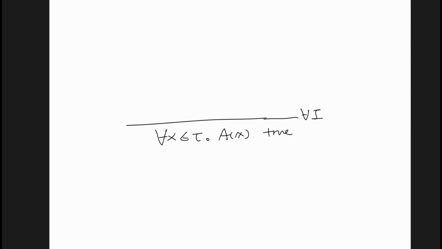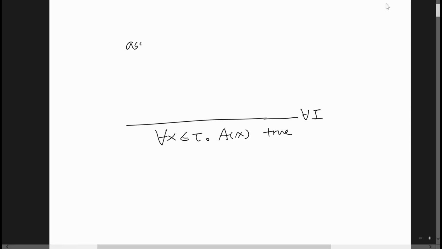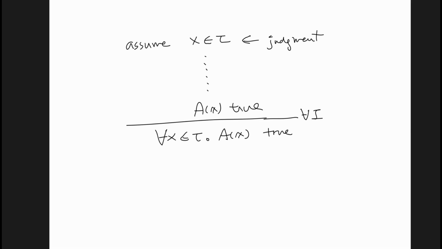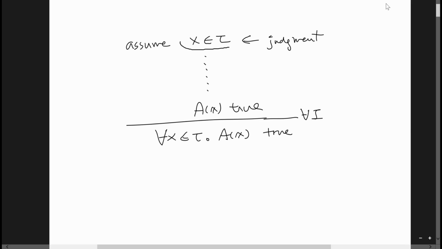And the idea is we assume that x has data type tau, and then we deduce A of x is true. That's all. And now this is a judgment. So therefore, we may use a hypothesis to state that this is an assumption. So we can use this notation, horizontal bar, to indicate that this is an assumption.